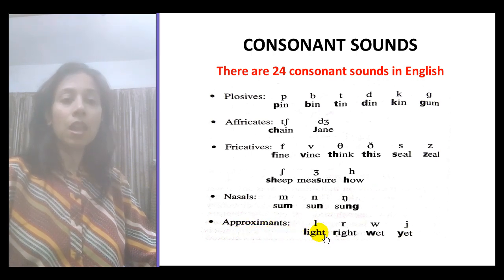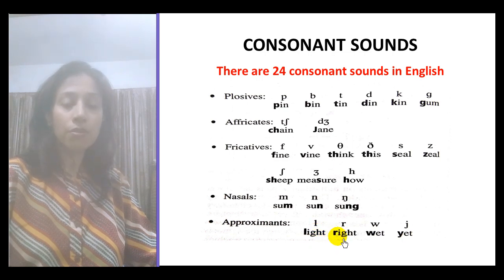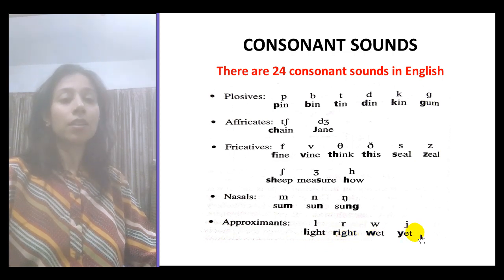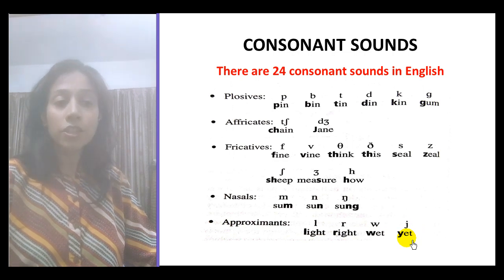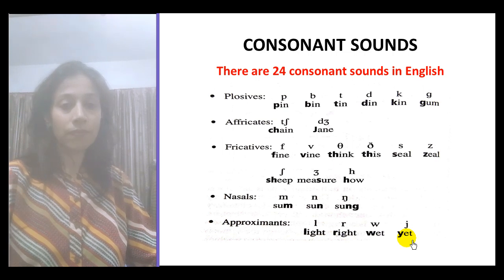For example, l, the light, r sound, r, right, w sound as in wet. Then you have the y sound, which seems like a J in smaller case, but it is actually the y sound, right?